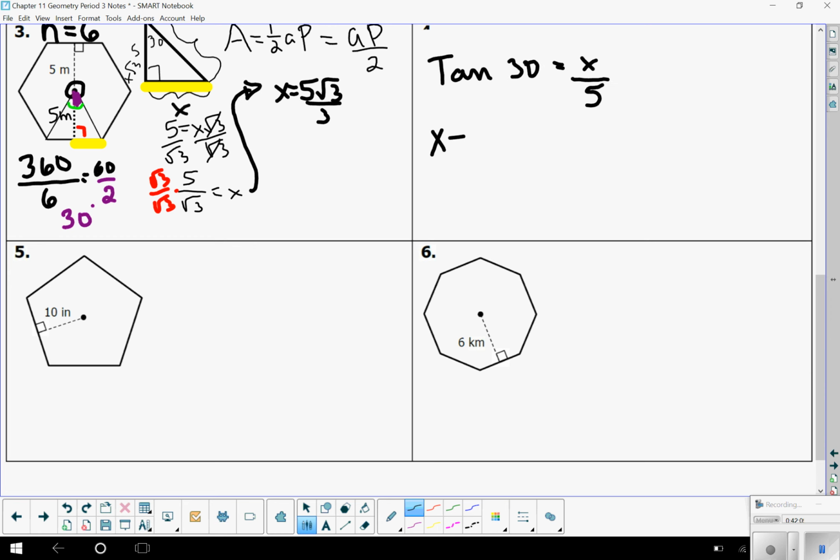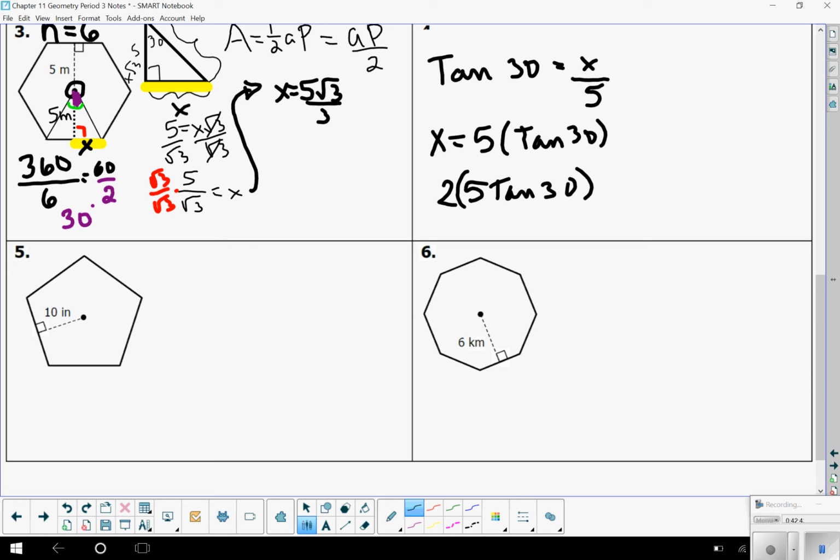So x would be 5 times tangent 30. But you have to understand, that's only half of the side. So this right here is only this part. If you're going to do that, which is totally fine, what you have to do is 2 times 5 tangent 30.